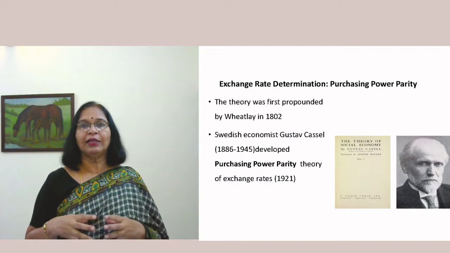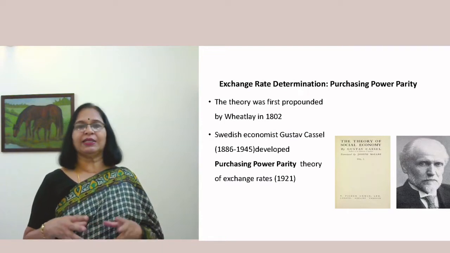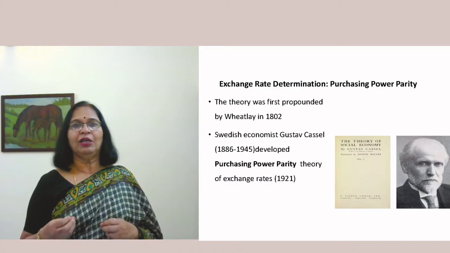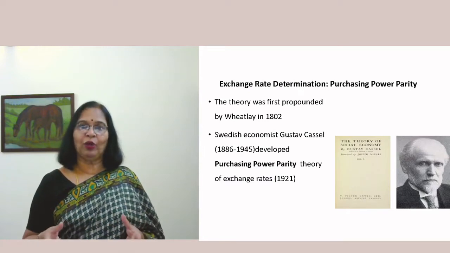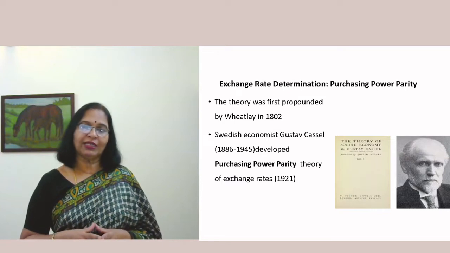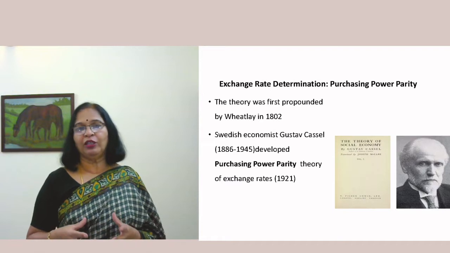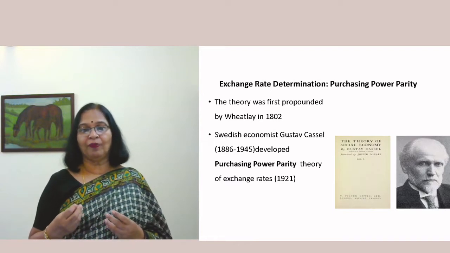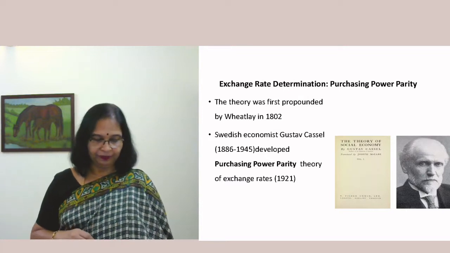So this problem did come up, and Whitley in 1802 had suggested something about exchange purchasing power of the currency, but it was not developed fully. It came to Gustav Cassel in 1921 to develop and present it as a full theory, and it was given the name of purchasing power parity theory.